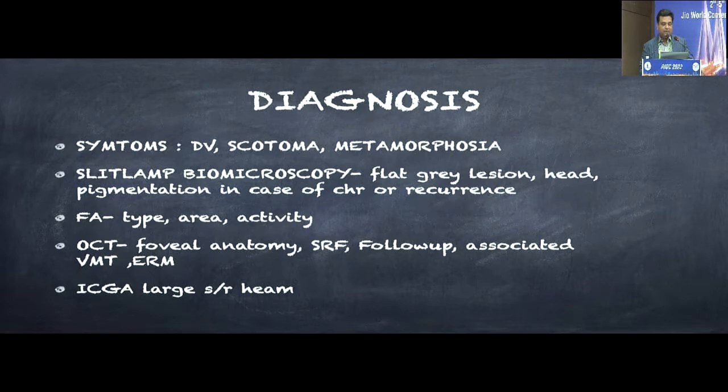They usually appear as flat gray lesions. If there is pigmentation, it indicates chronicity of the disease, recurrence of the disease, or it could be partially scarring. So pigmented CNVs are very classical in myopic CNVMs, while pigmentation rarely occurs in AMD.